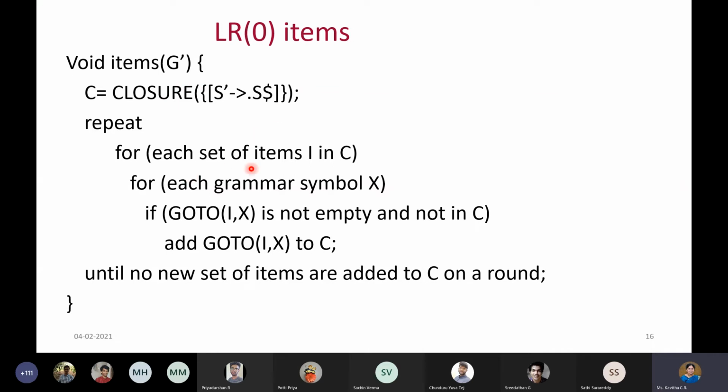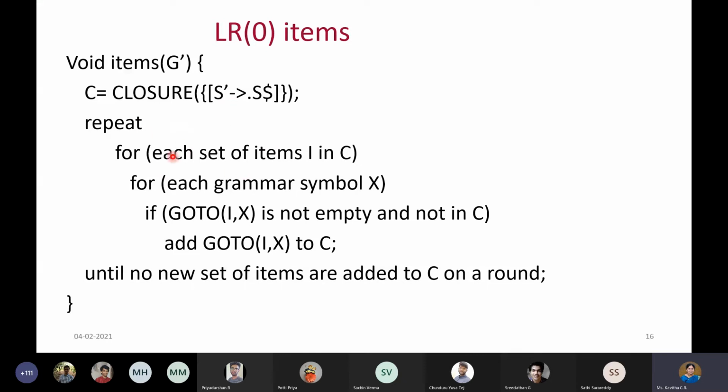For each set of items I in C, you will start with state number 0. In state number 0, you'll find all the possible symbols that are to be read, and you are going to take action based on the transitions. Maybe you'll move the dot after the symbol, and then again there also you're going to find the closure and so on.